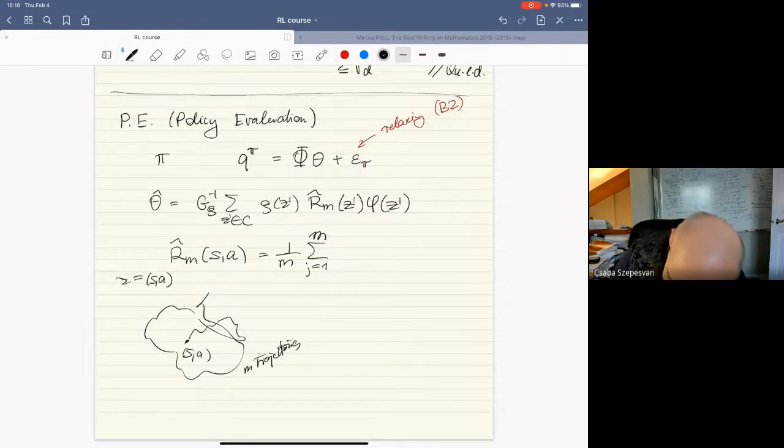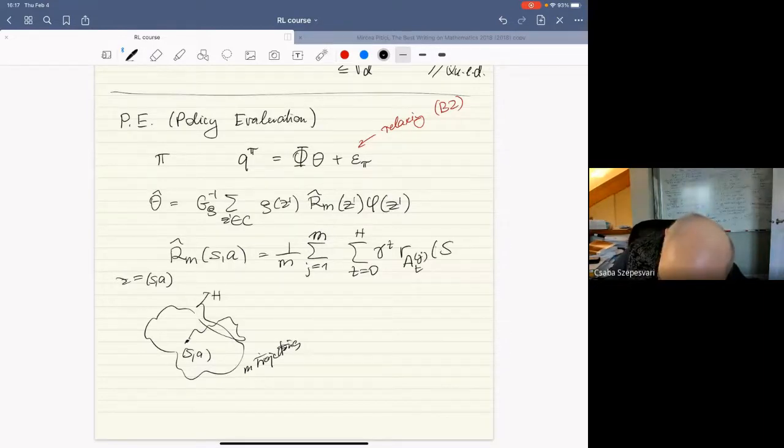So you run these trajectories, and the length of the trajectory is capital H. We're going to choose capital H to be large enough. And along the trajectory, you're just measuring the rewards.